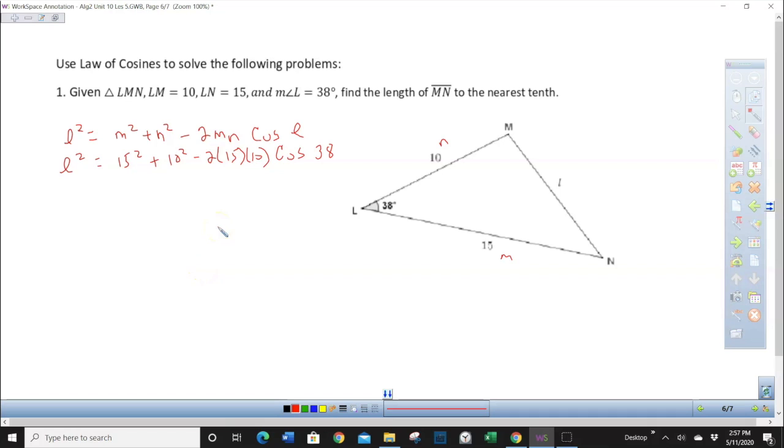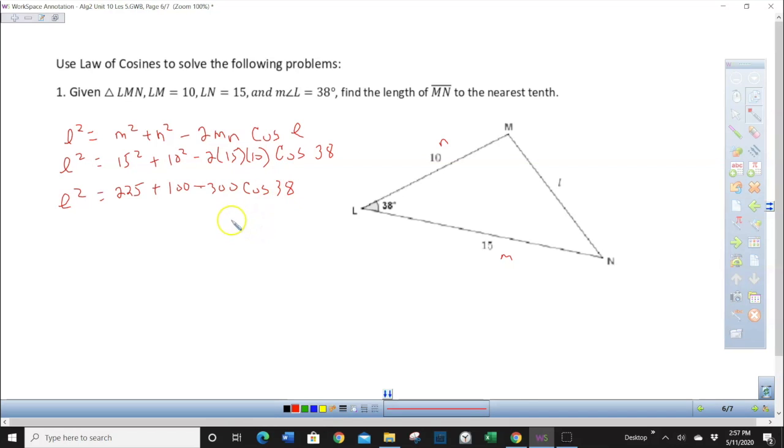Okay, so let's simplify this down a little bit. We know that we have l squared. 15 squared is 225 plus 10 squared, which is 100. And this would be 150 times 2, which is 300 cosine 38.